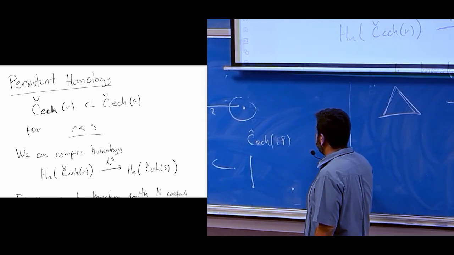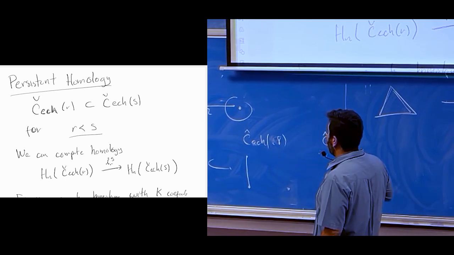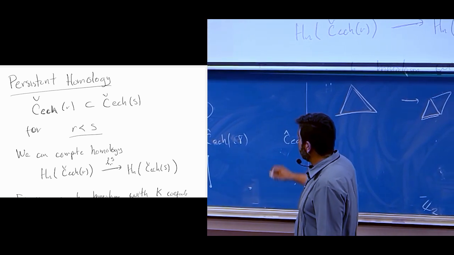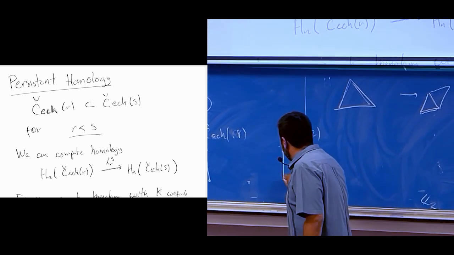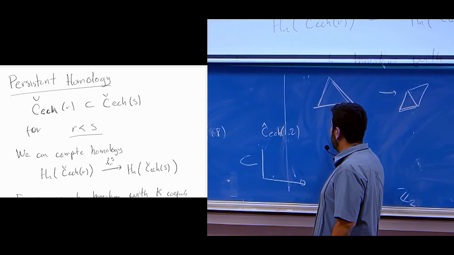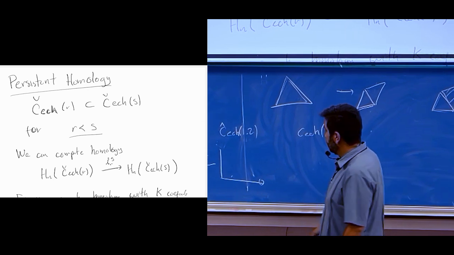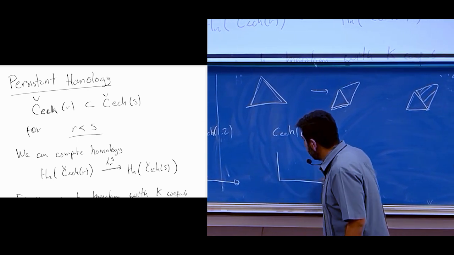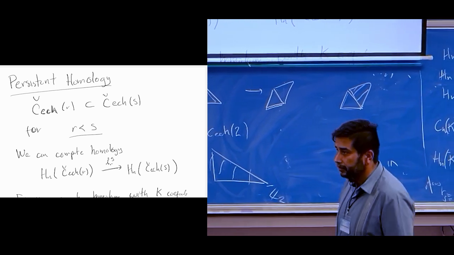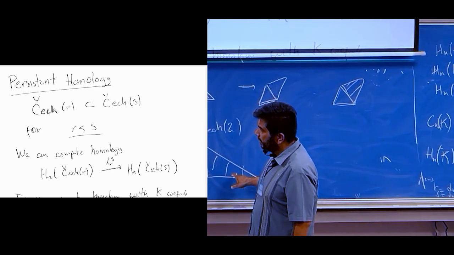And then when you construct Čech of radius 1.2, you will get this thing. It's a bigger complex. And then when you have Čech of 2, you will get the entire thing, right?